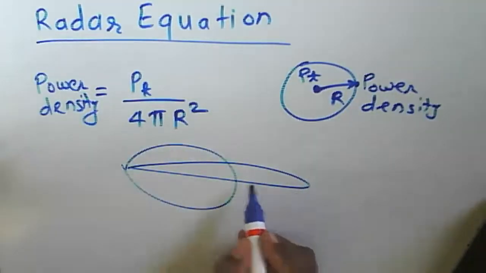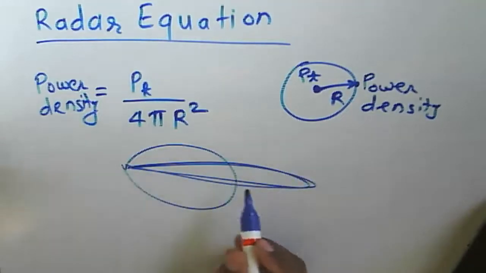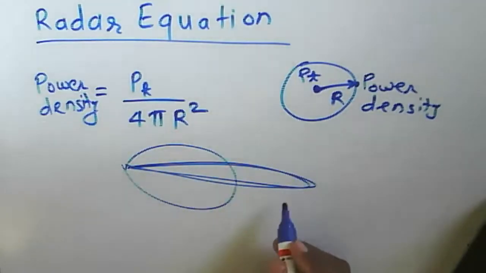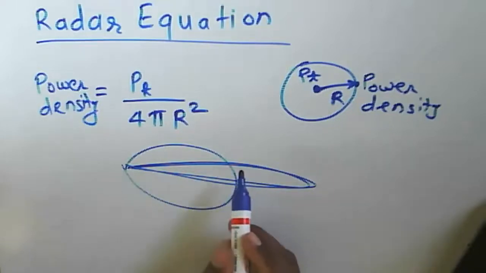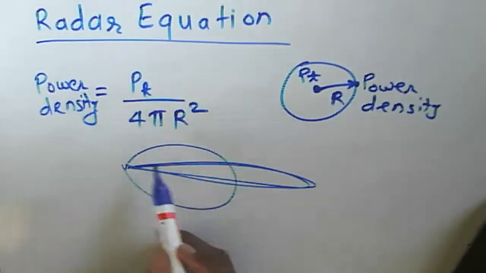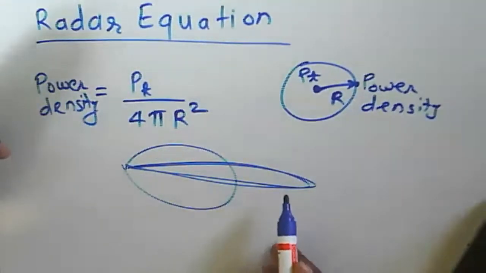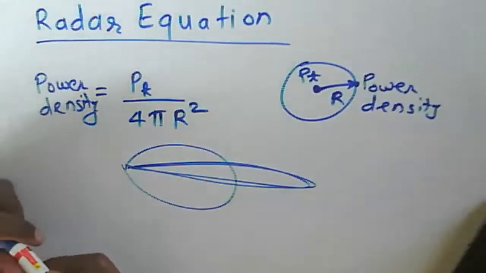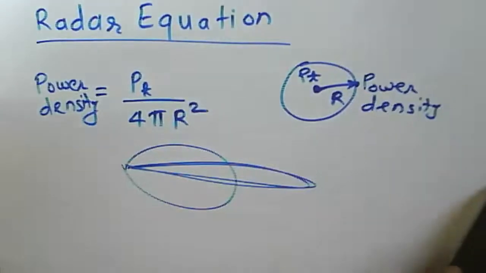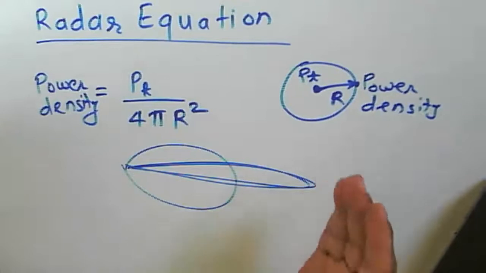So with a narrow beam antenna, we get the power density in a particular direction only. That is our aim.